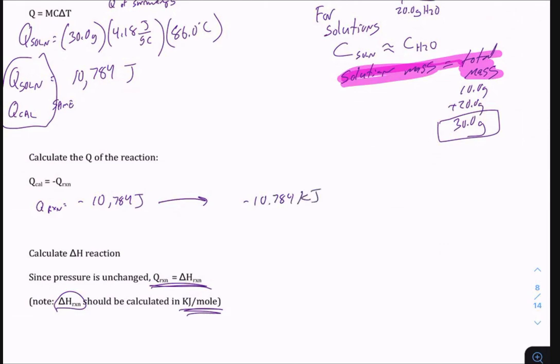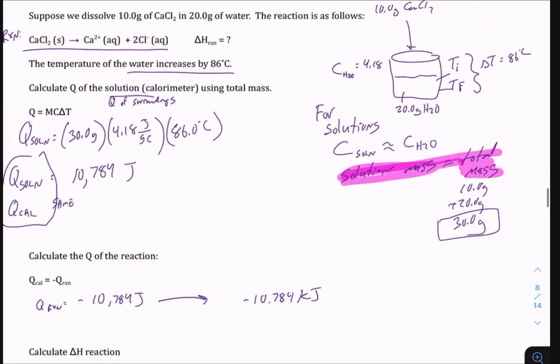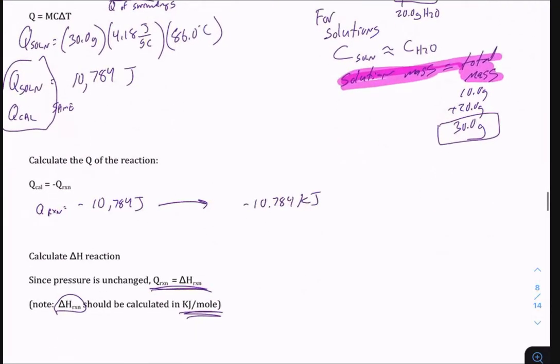So now I look and see, all right, how much of the solute, how much of the reactant was used? 10 grams. 10 grams of calcium chloride. All right, the molar mass of calcium chloride is like 110 grams. So 0.0909 moles.